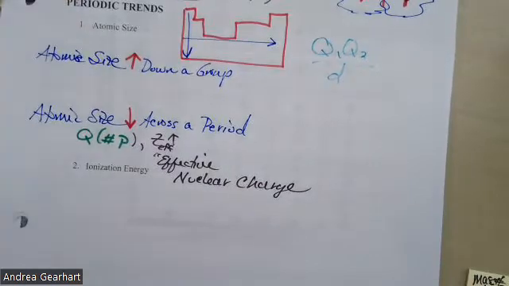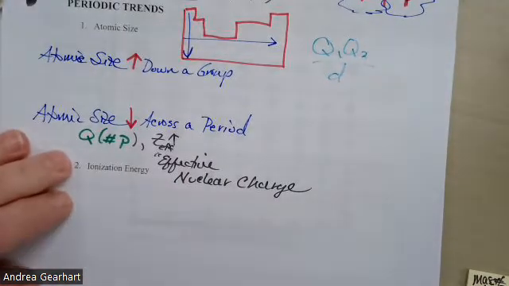I feel it's my job to show us best, but also to expose us to the different ways that could be represented symbolically. So we could say going across a period, the Q value increases. We could say the number of protons increases, the nuclear strength increases, or ZEFF increases. Any of those is sufficient.